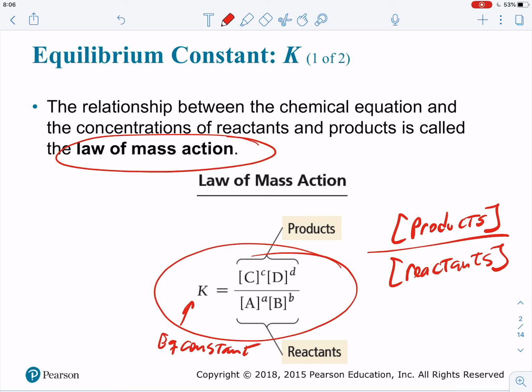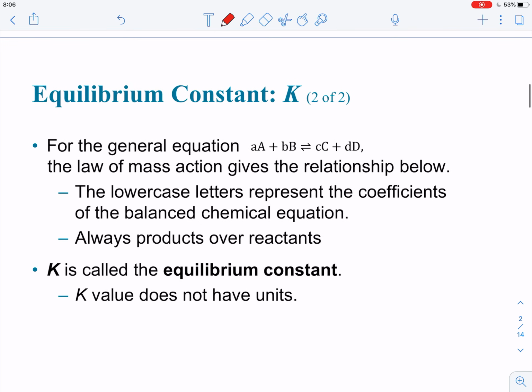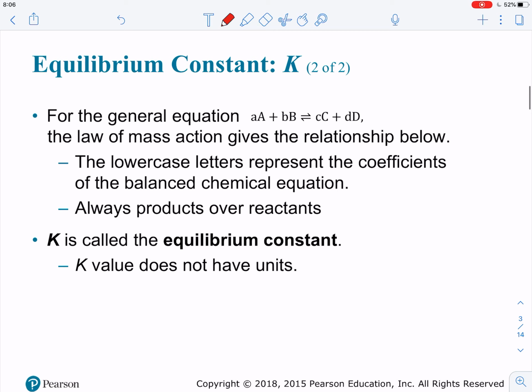To understand where this comes from, that's probably going to be a little relief for you. If we have our generic equation, a A plus b B going to c C plus d D, and the coefficients are the lowercase a, b, c, and d, those are the stoichiometric factors in that reaction.